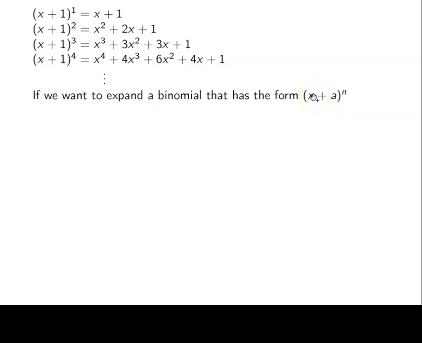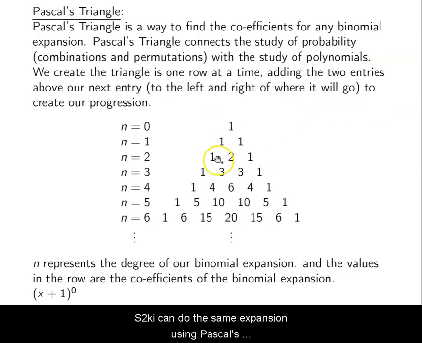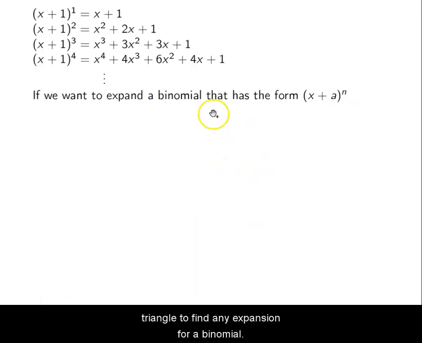Let's say that this is x to the 3rd plus 2. I can do the same expansion using Pascal's triangle. And that's what we're going to talk about today, is how to use this triangle to find any sort of expansion for a binomial.